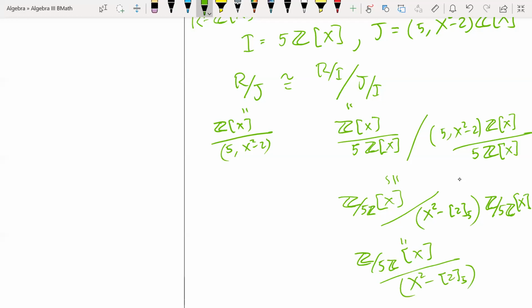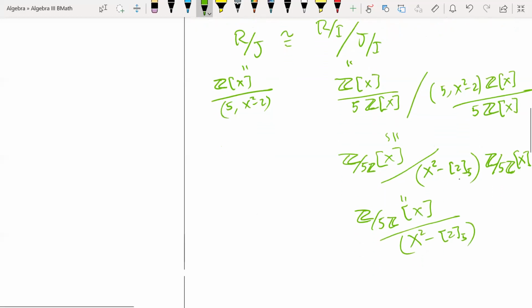In the other example, this 5 was changed to 2. If this 5 were 2, then this would be the 0 element, because the class of 2 in Z mod 2 is 0, and that's why we got that answer. But in general, for n equals 5, you get this.